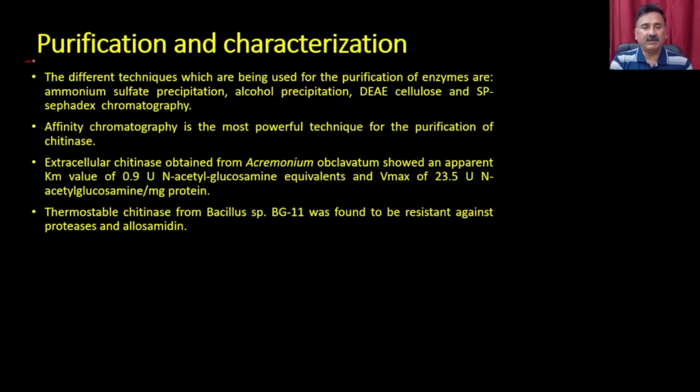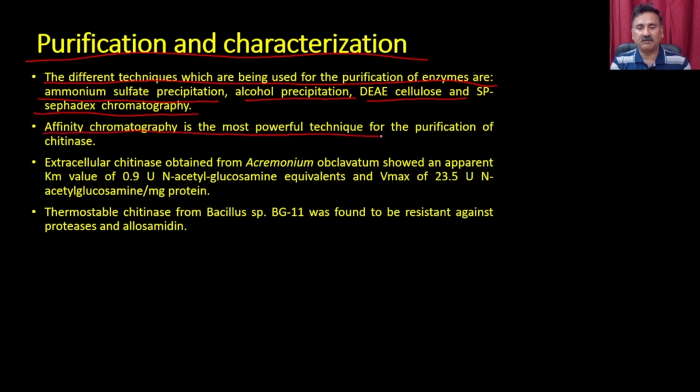Then we have the purification and the characterization. The different techniques used for the purification of enzymes are ammonium sulfate precipitation, alcohol precipitation, DEAE cellulose, and Sephadex chromatography. Affinity chromatography is the most powerful technique for the purification of the chitinases.